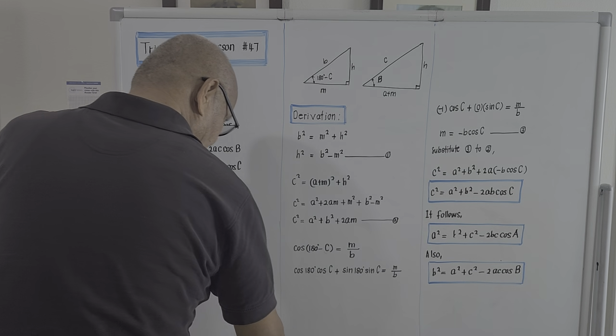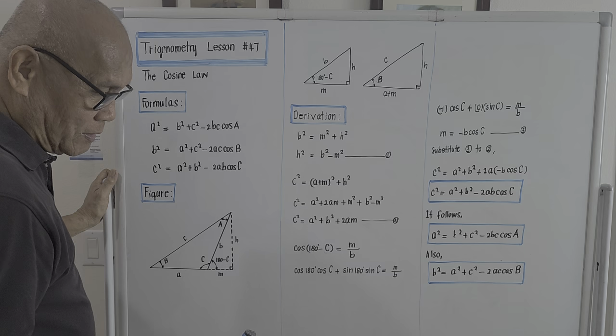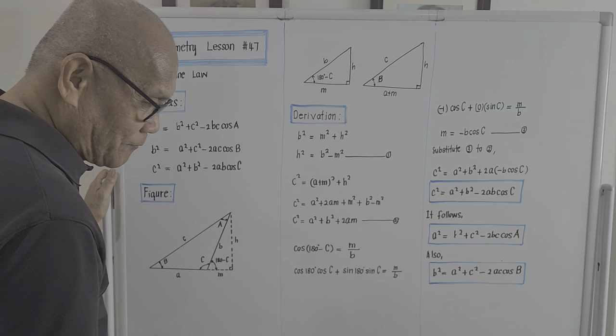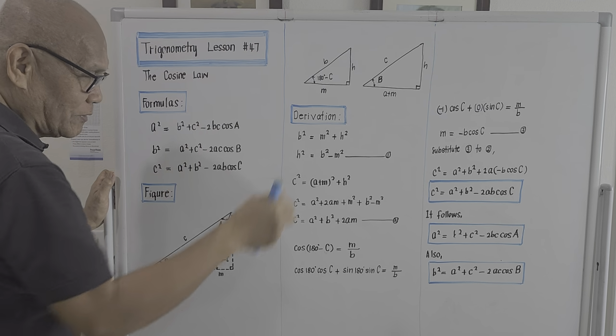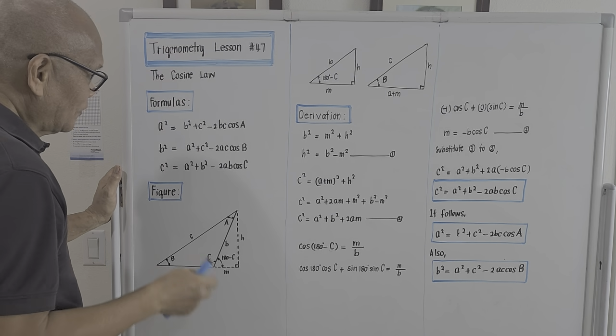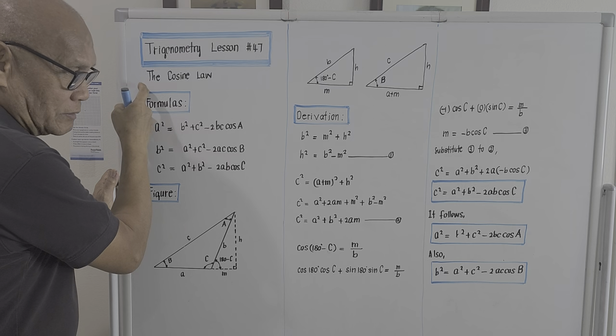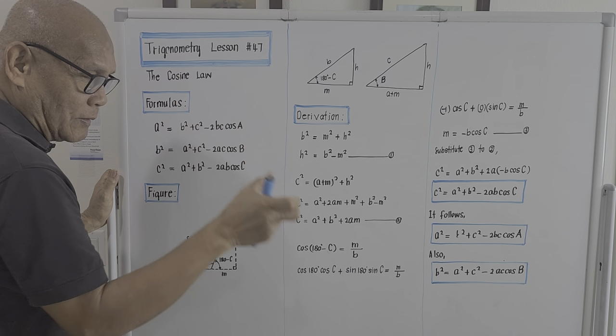The subject matter that I will be discussing this morning will be the long video format topic on trigonometry, and this will now be lesson number 47. The title of the topic will be the so-called cosine law.